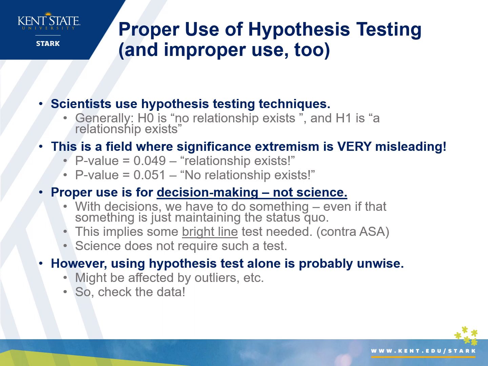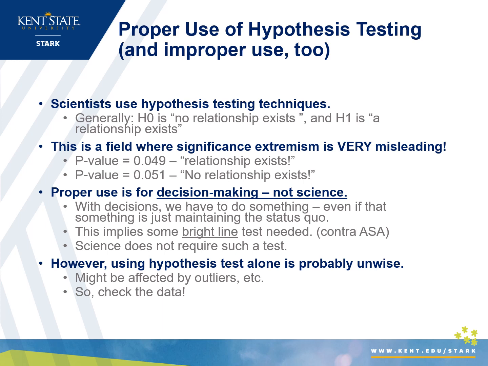First, we know that scientists often use hypothesis testing techniques, with the null hypotheses typically being that no relationship exists between a pair of variables, say atmospheric CO2 levels and global temperature. The alternative hypothesis then is that the relationship does exist. In this world, significance extremism becomes very misleading.